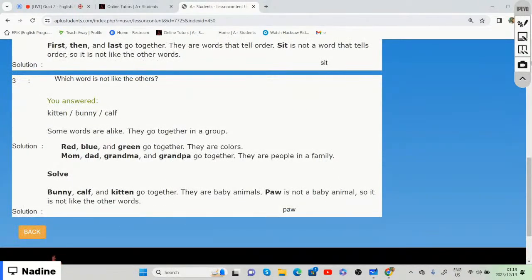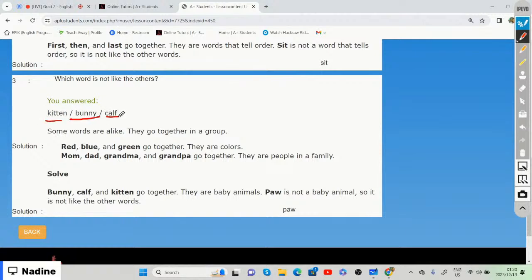All right. So now if we go into the next one, it is kitten, bunny, and a calf. So a kitten, a bunny, and a calf, right? These are words that are related.